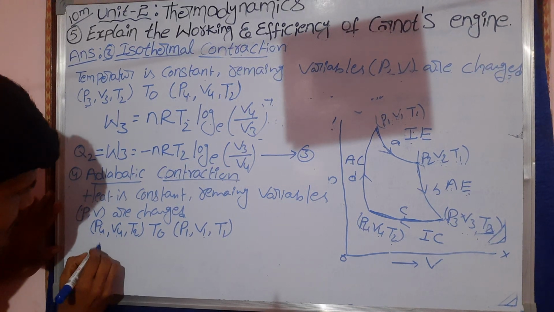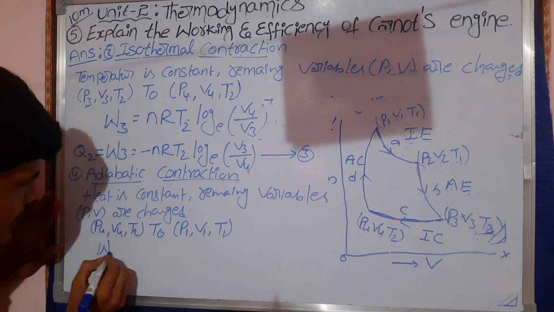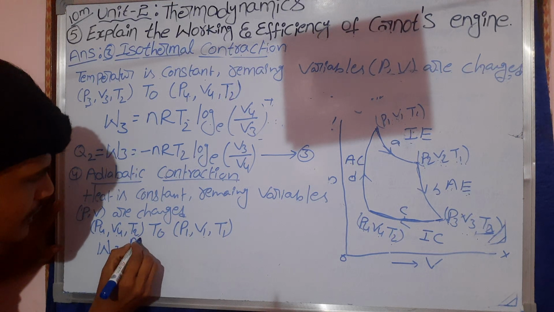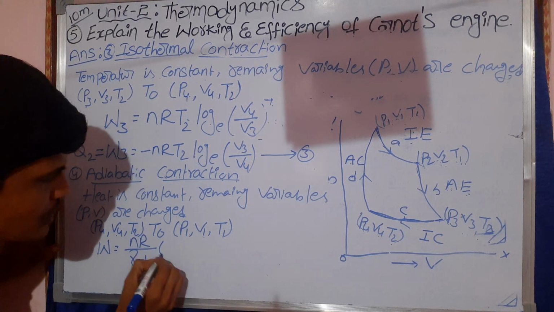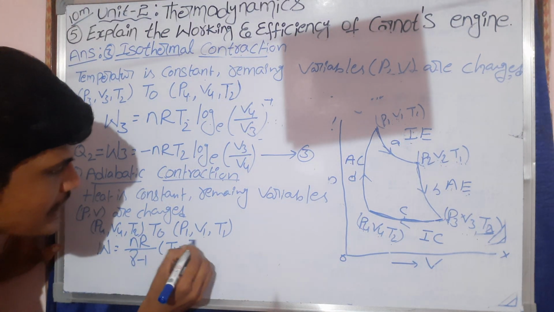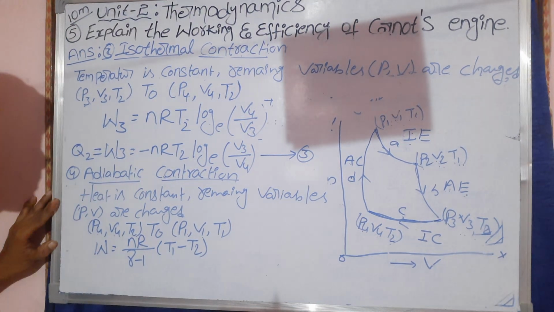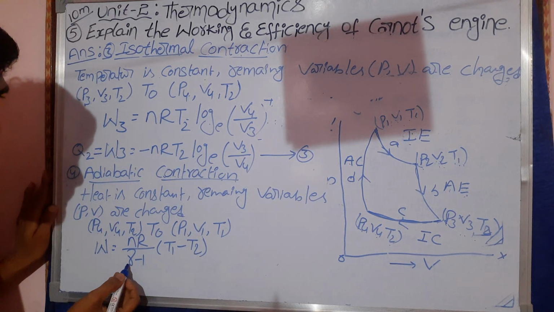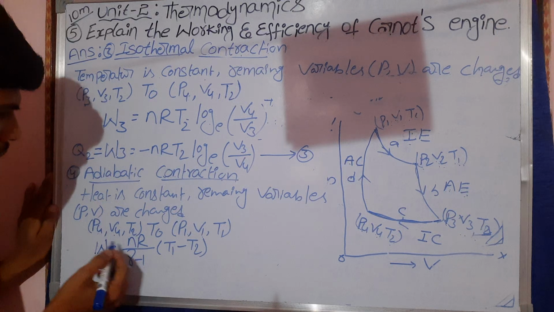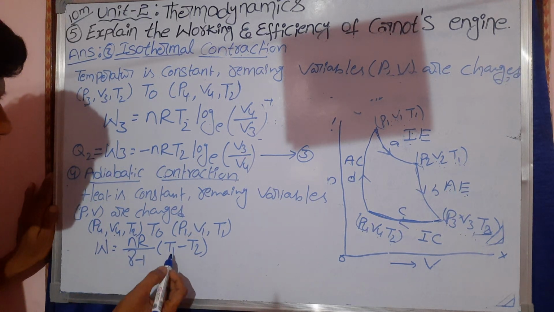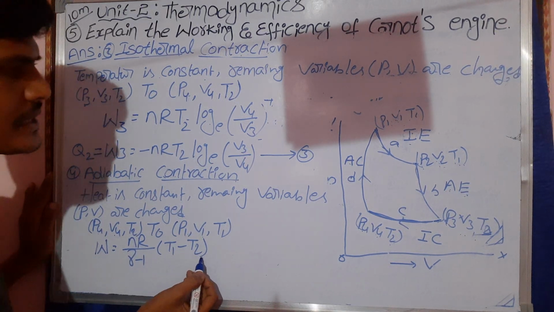Work done equation: W equals nR by gamma minus 1 into T1 minus T2. Gamma means specific heat ratio, N means number of moles, R means gas constant, T1 and T2 mean temperatures.